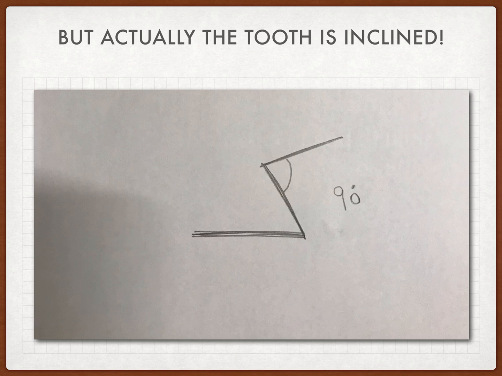The answer is this. If we go to the clinical situation, we will see that the occlusal surface of the tooth is not flat, but it is actually inclined by 6 degrees from the horizon, so that we can make the 6-degree inclination in the buccal surface.